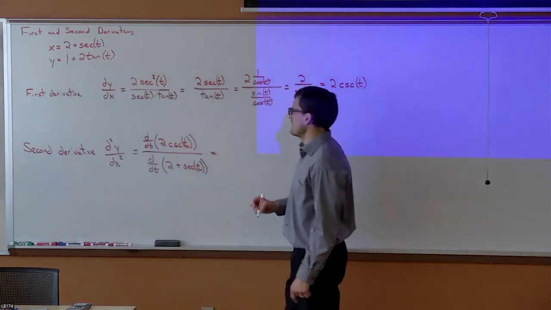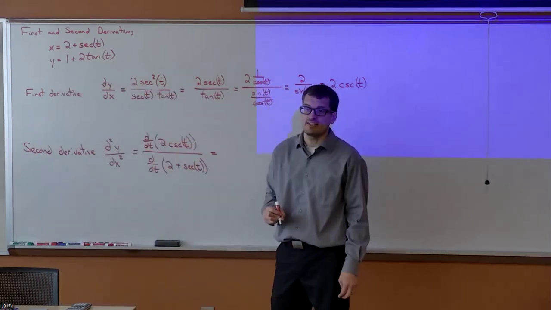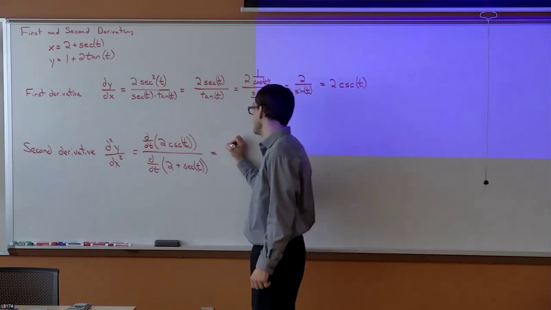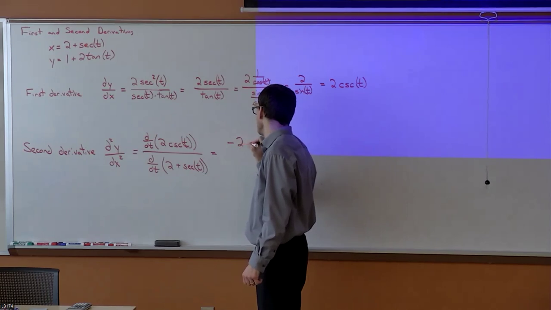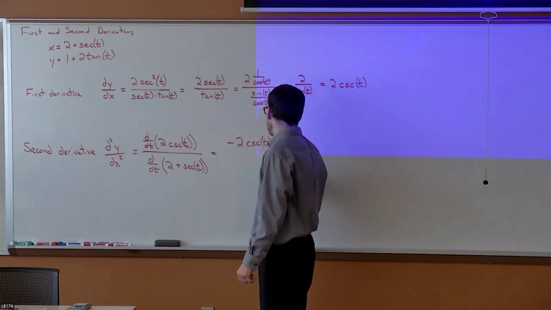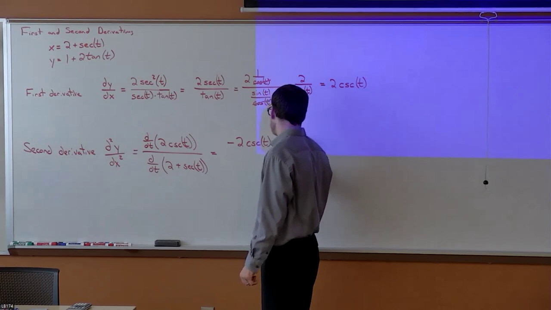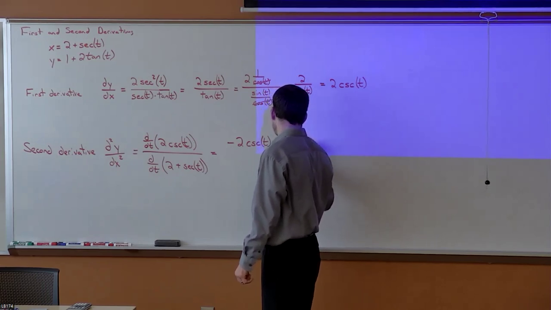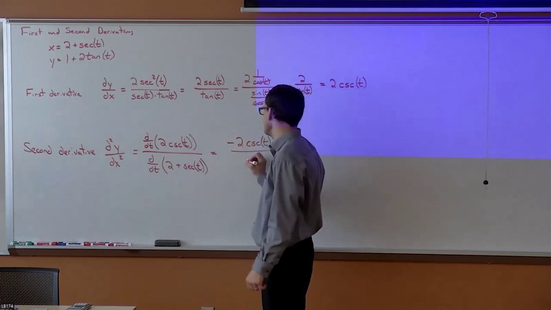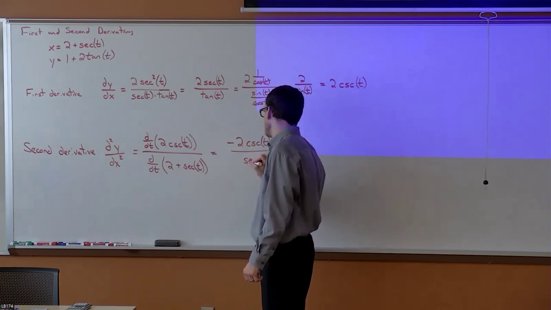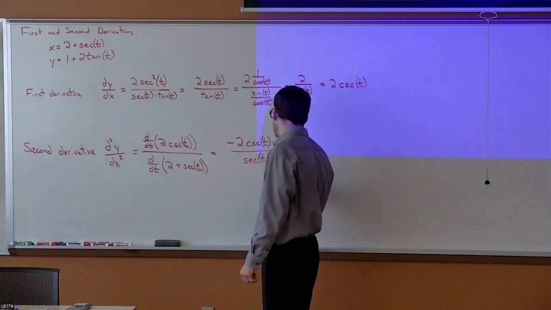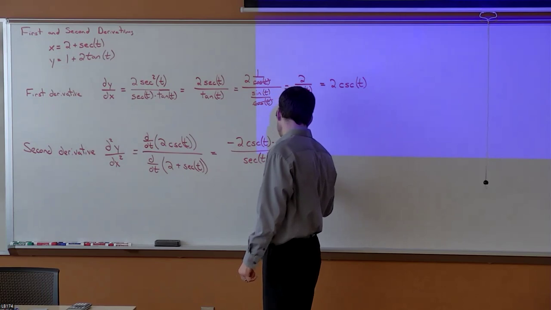Now, numerator, when I take a derivative of cosecant, I get negative cosecant times cotangent. Derivative of secant is positive secant times positive tangent.